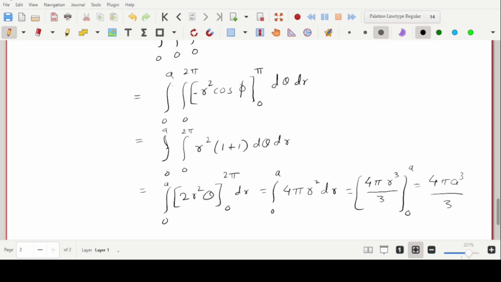So that is the volume of the sphere, and we know that the volume of sphere having radius a is 4 pi a cube over 3. So that matches with our prior knowledge.